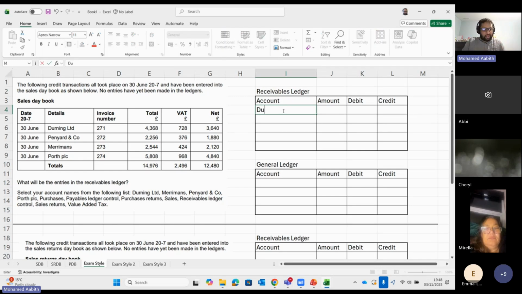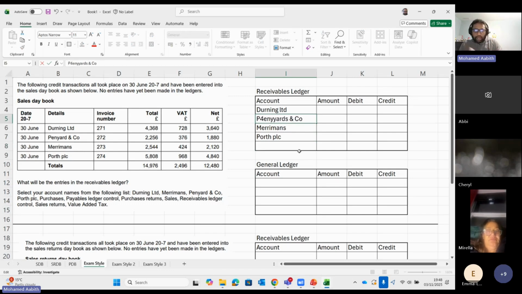So here the name's going to be Durning Limited. Then you have Penny Yards and Co. Then we have Merriman's and Porth PLC. So we have all of those, and that is what they're asking.